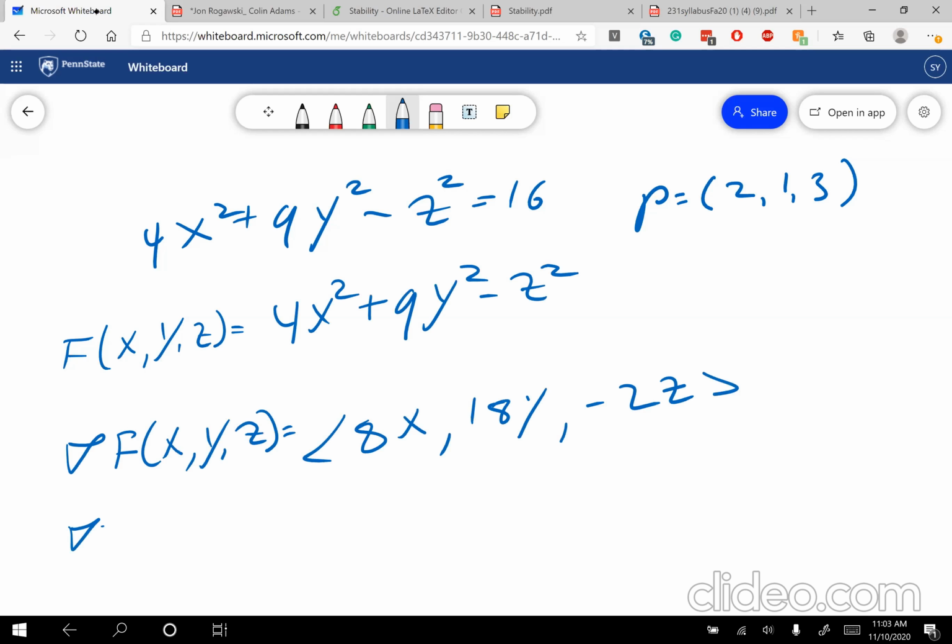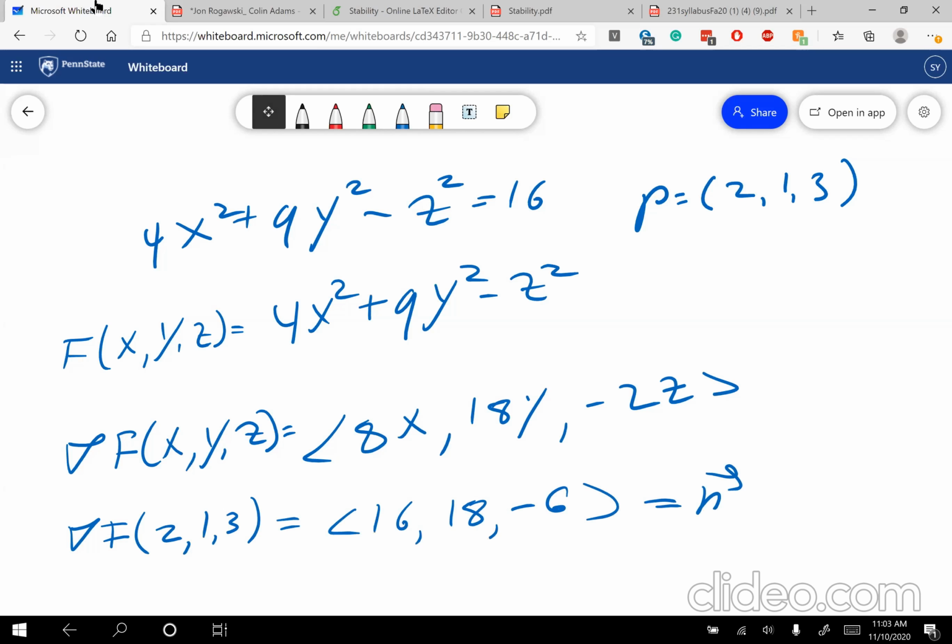So the gradient of f at the point (2, 1, 3) is going to be equal to (16, 18, negative 6), which is also our normal vector.